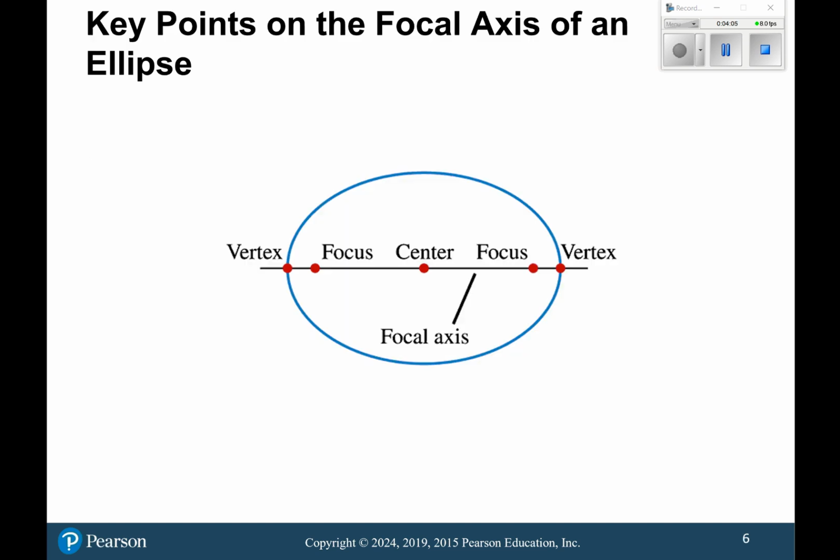So here's an example of an ellipse where the focal axis is horizontal. Again, we're going to find that center point, and vertex points that are actually on the ellipse, but we also need to find coordinates for each focus point.